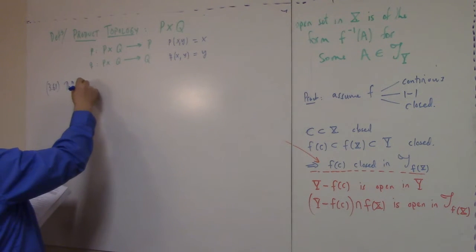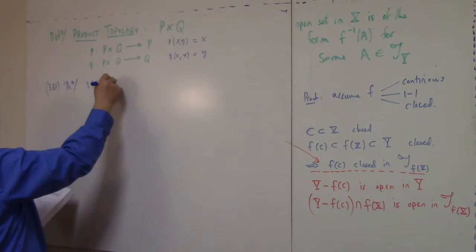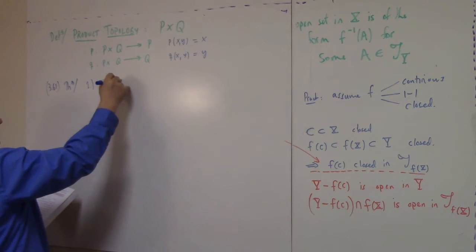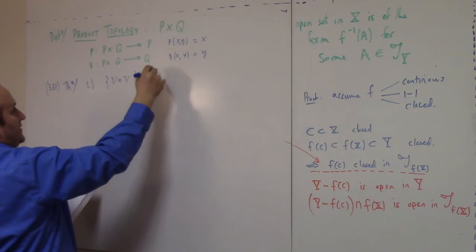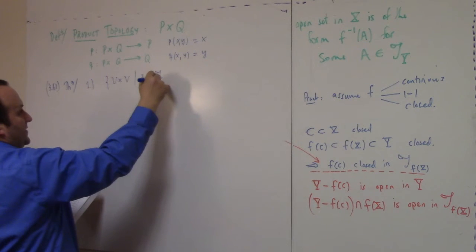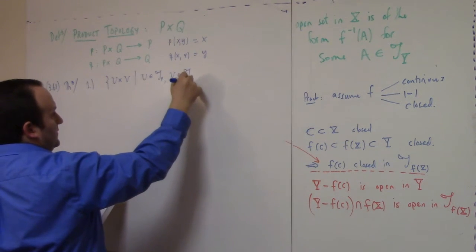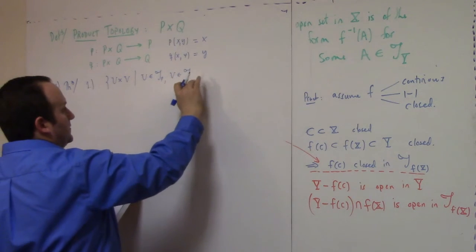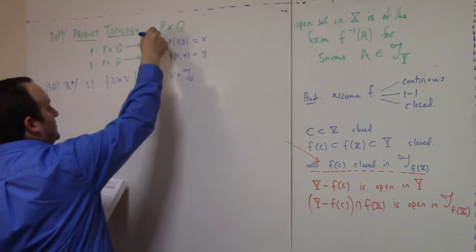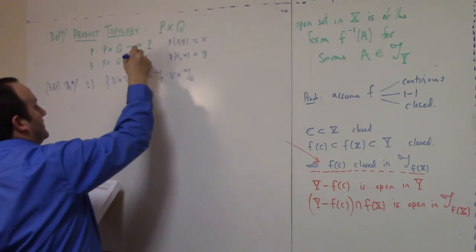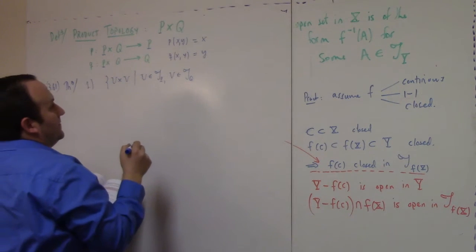So one is that if you look at the set U cross V such that U is an element of the topology on P, and V is an element of the topology on Q, big Q. Let me give big P a foot so you can tell which one it is. There. I don't want you to get confused between my little p and my big P.